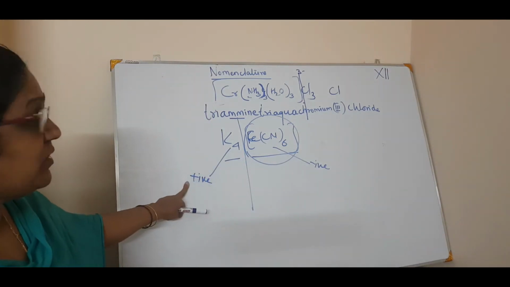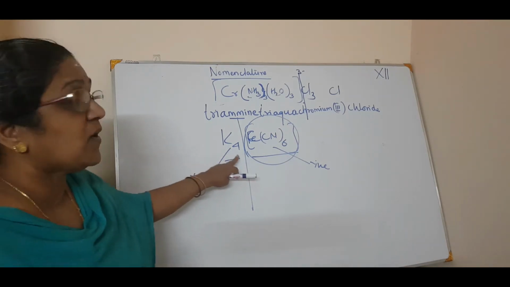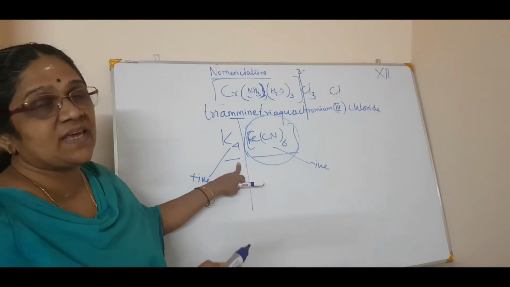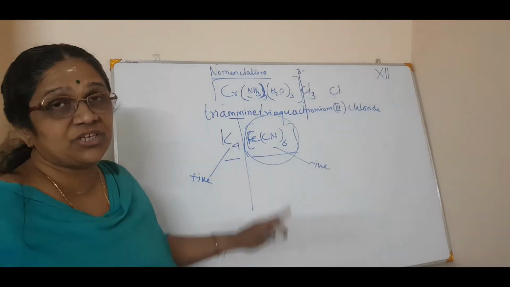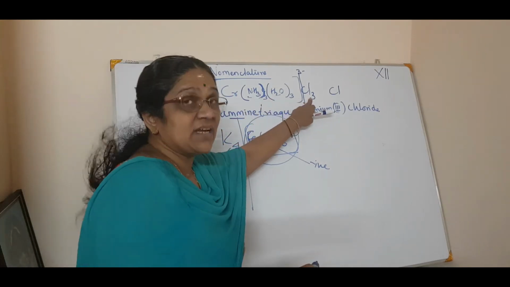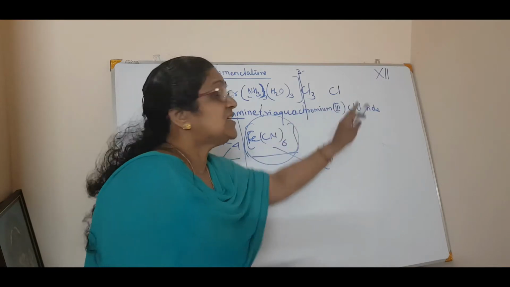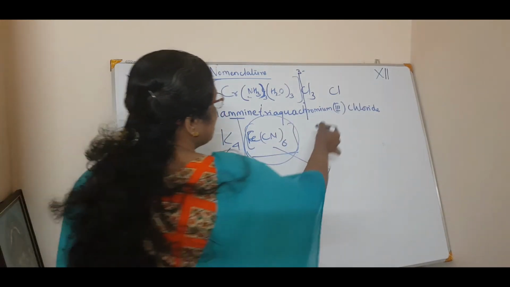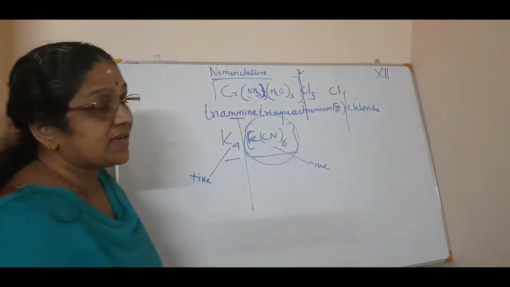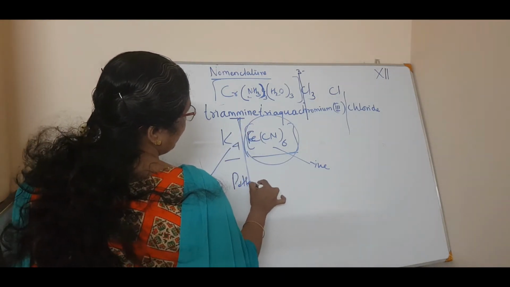So here also, when you name it, you will take the positive entity, potassium, first, and then you will say the coordination entity, which is negative. In the earlier example, triamminetriaquachromium, the last is only chloride. First, this much is positive. So here you will say potassium.